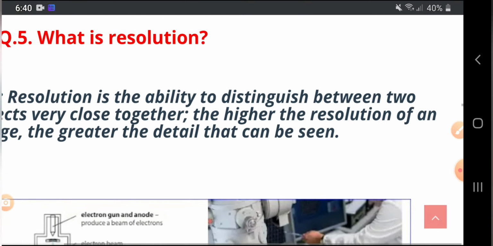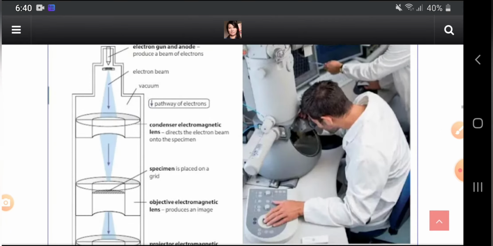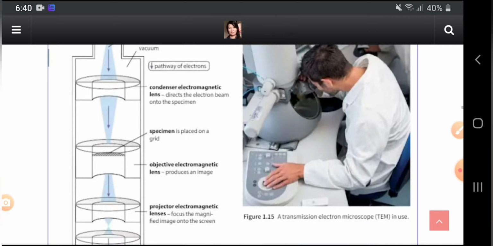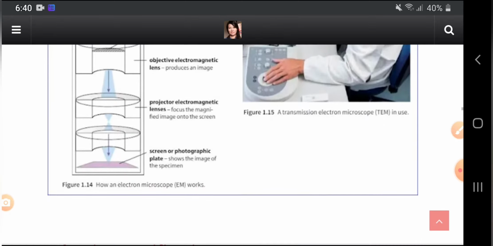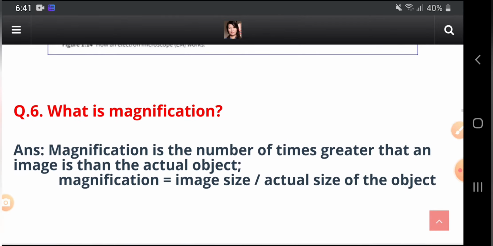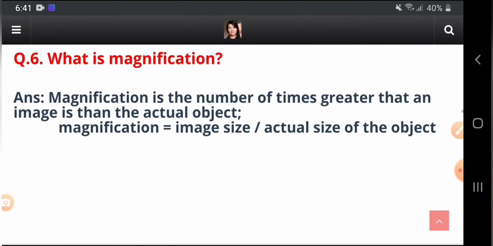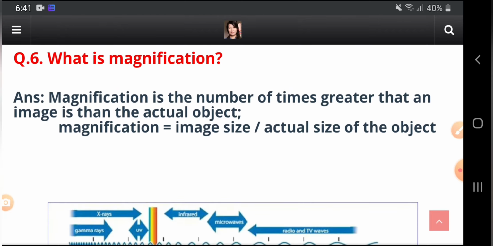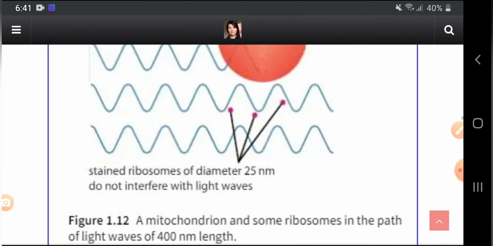Nowadays we have very advanced microscopes. What is magnification? I already gave that. Magnification is the number of times greater that an image is than the actual object.